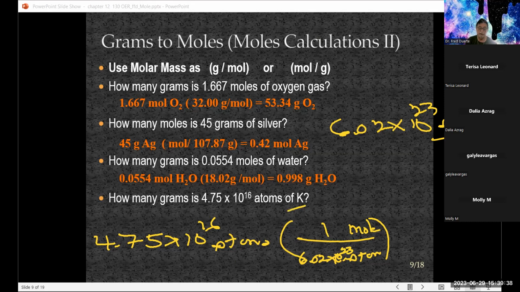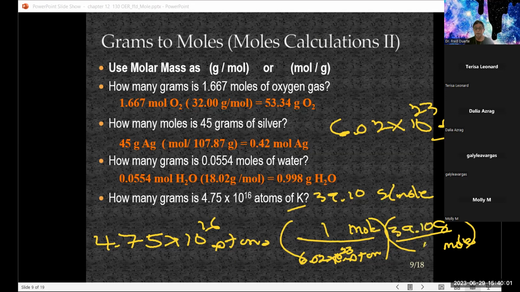Potassium, we need to look that up. Potassium has a molar mass of 39.10 grams per mole. So we need one more factor here, where moles will be in the denominator and grams in the numerator: 39.10 grams per 1 mole.